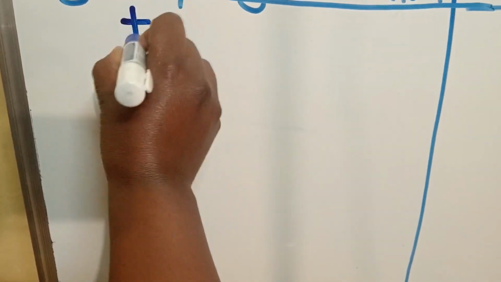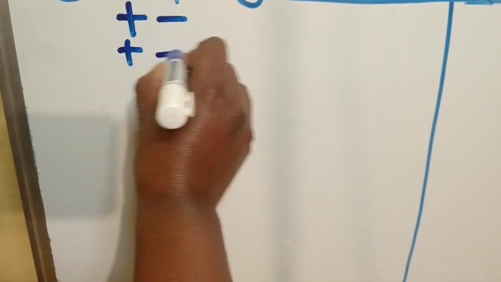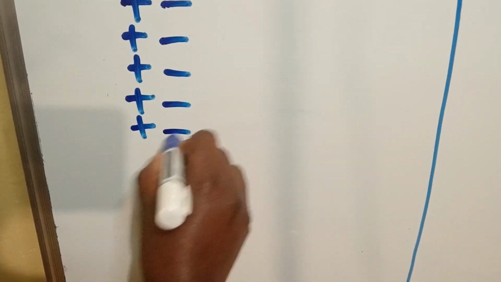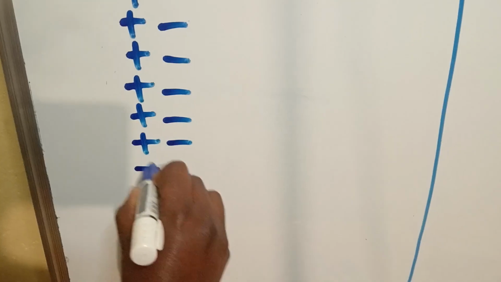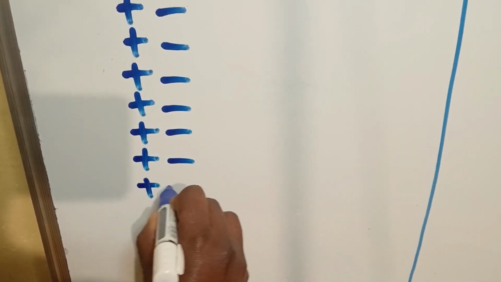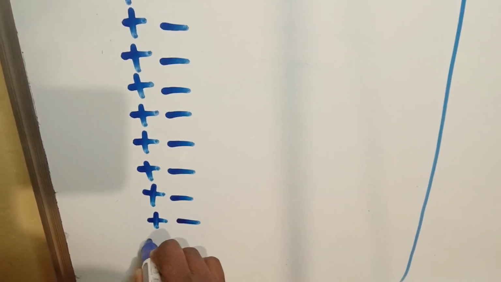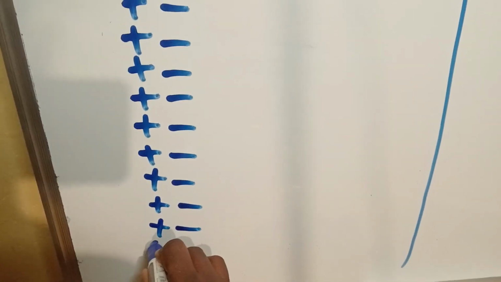So 1, 2, 3, 4, 5, 6, 7, 8, 9, 10, 11, 12. So there are 12 of them. Make sure that you also count yours.